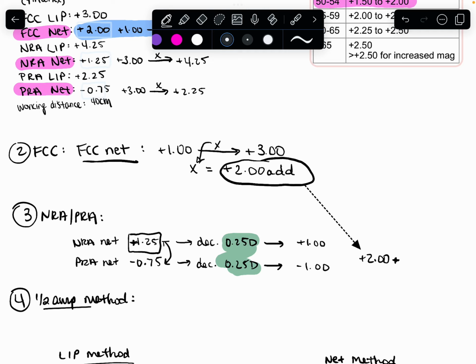So we're going to do a plus, and we're going to use our magic number that we had over here. And our final add is going to be +2.25 for the NRA PRA method.